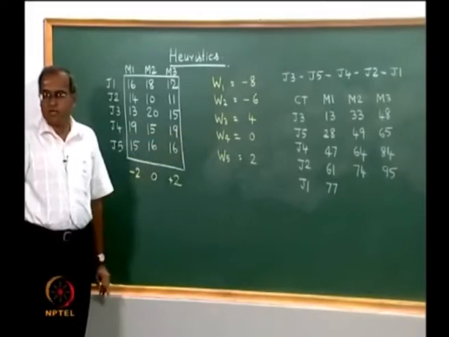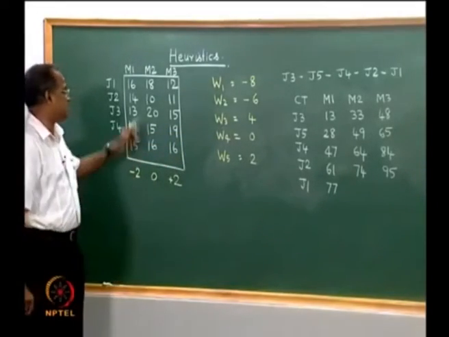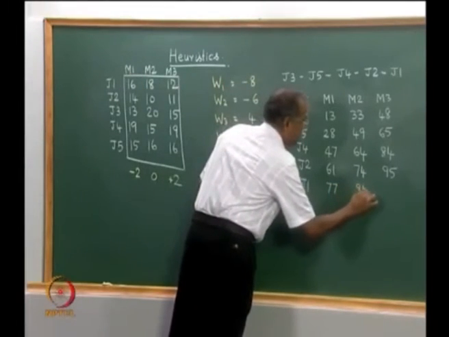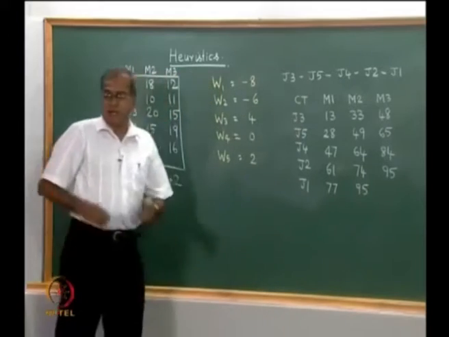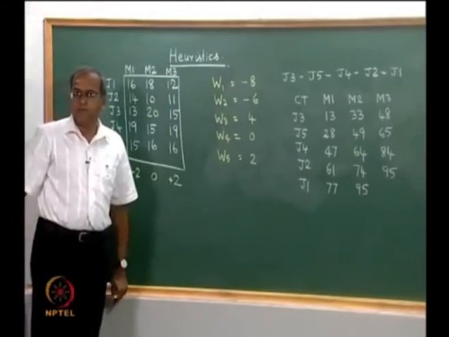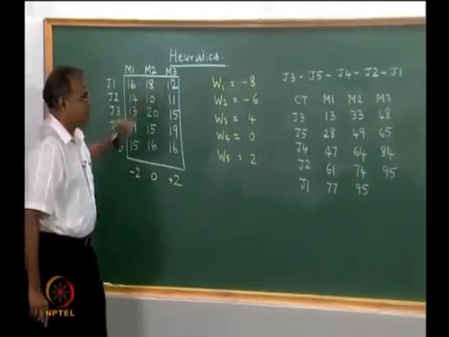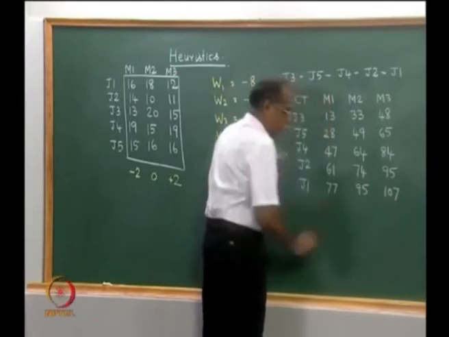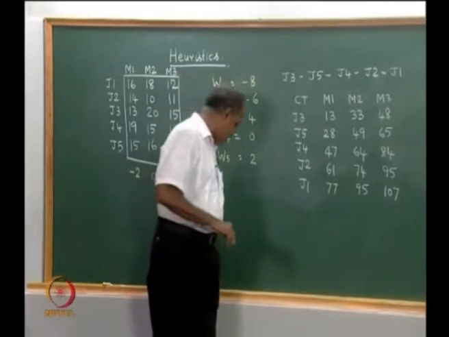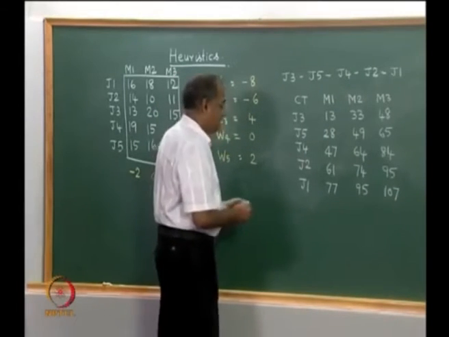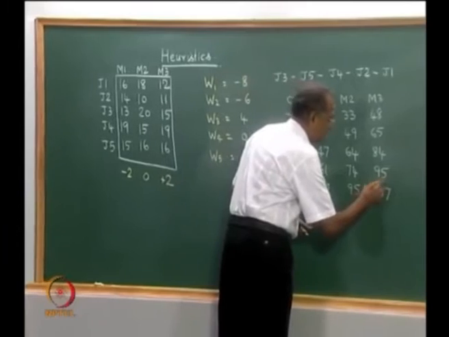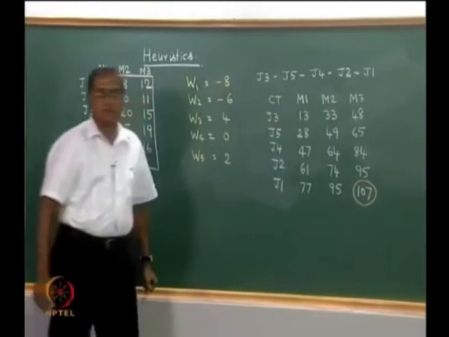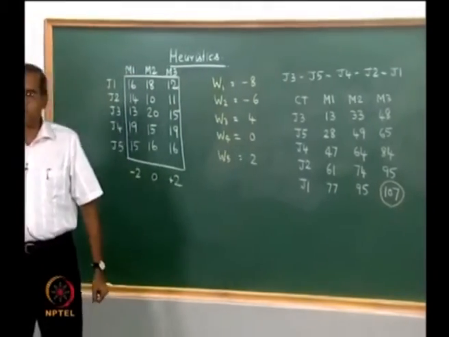M2 is already available at 74, so starts at 77. 77 plus 18 is 95, it comes out. At 95, M3 is available, so starts at 95, takes another 12 and finishes at 107. So, the make span associated with this sequence is 107.